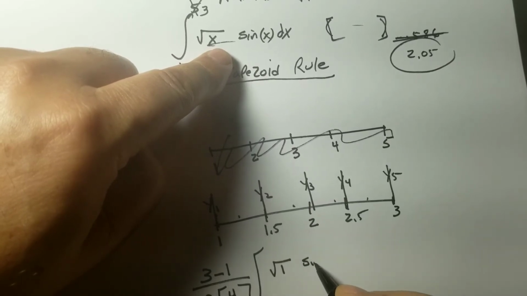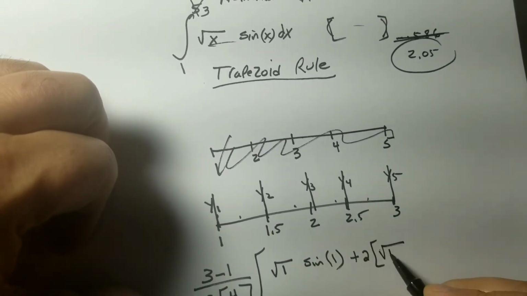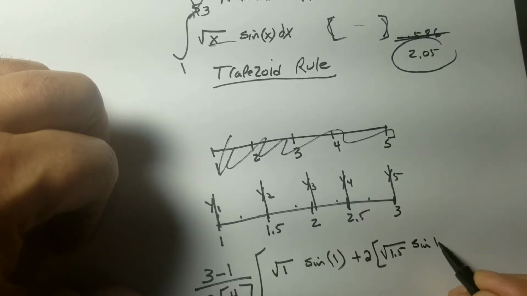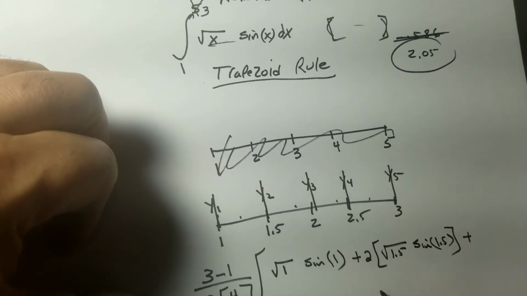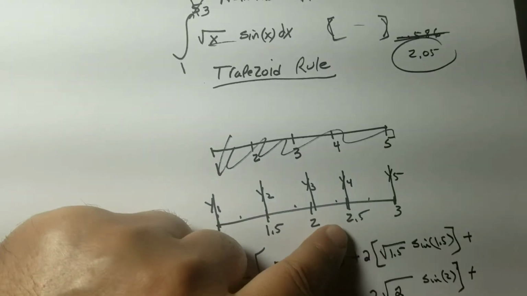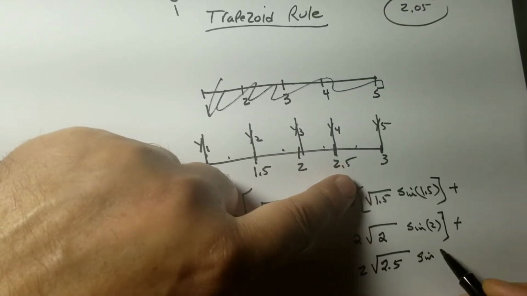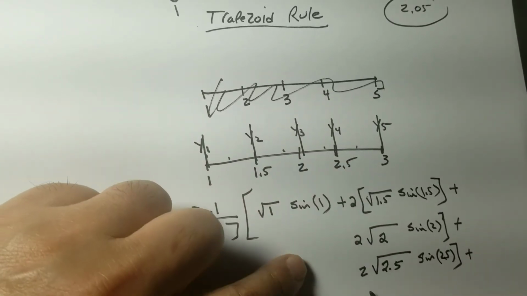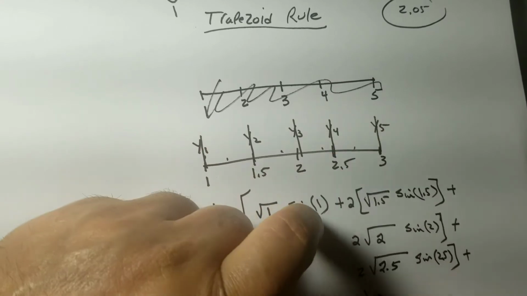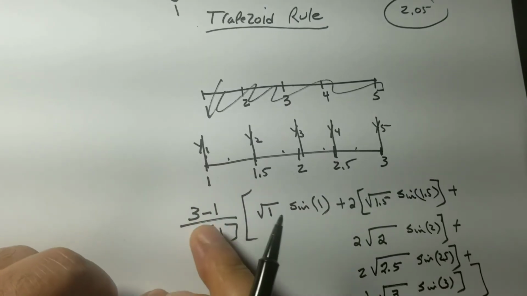Therefore, this is this, plus 2 of 1.5 sine of 1.5, plus 2 of 2 sine of 2, plus 2 of 2.5 sine of 2.5, plus 1 of, the last one is 1, square root of 3 sine of 3. And close. I'm going to add all of these here.